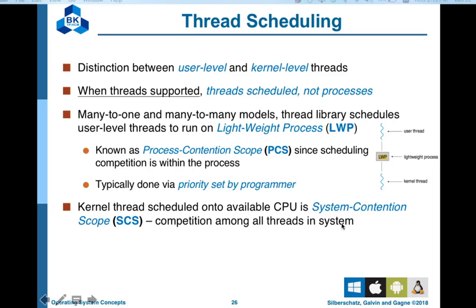When you say the system contention scope, it means that the competition for the CPU takes place among threads in the system, not among threads in the same process as in the process contention scope.